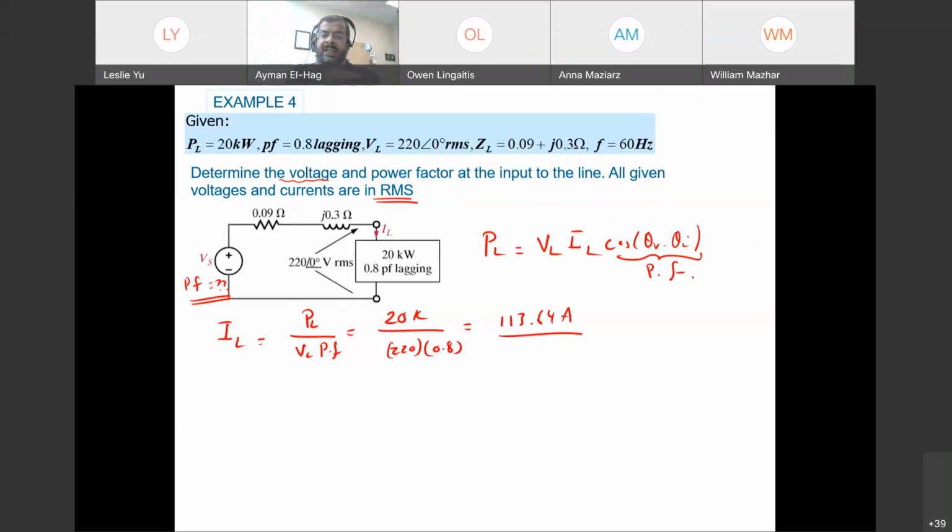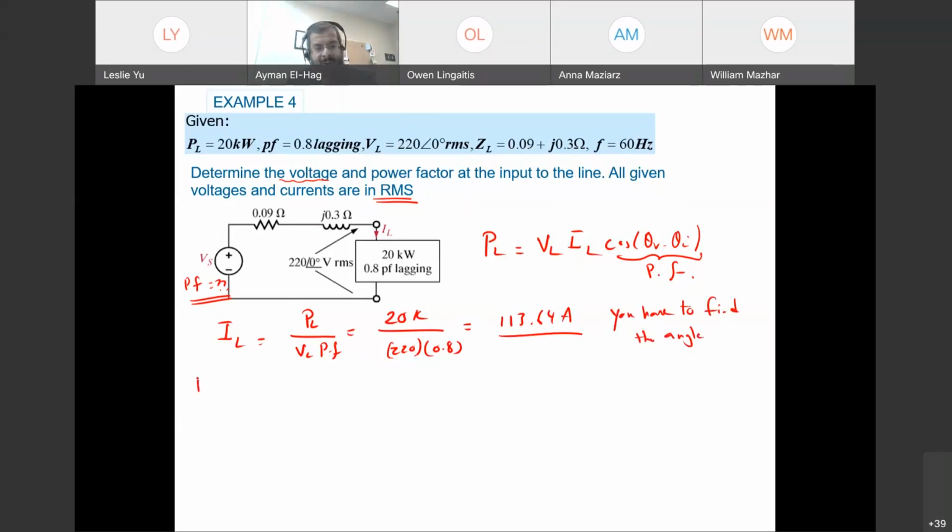Students just take this and apply KVL. No, you have to find the angle. I will write it down here. You have to find the angle. You are not yet done. How to find the angle?